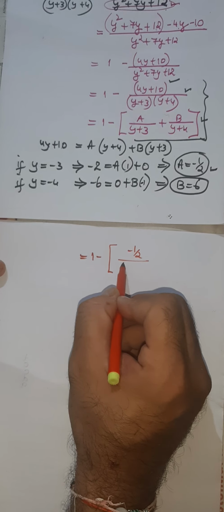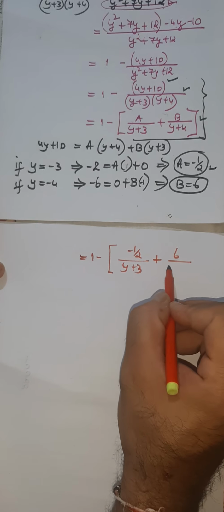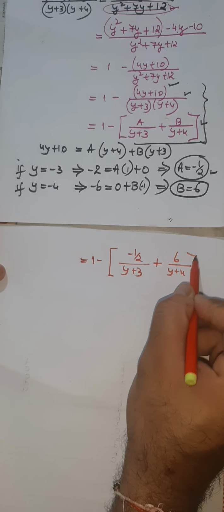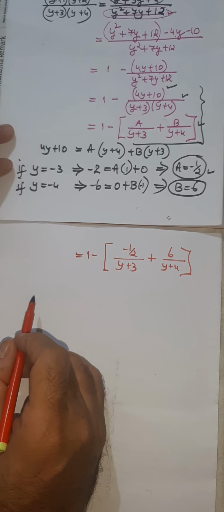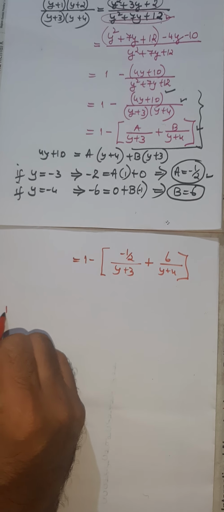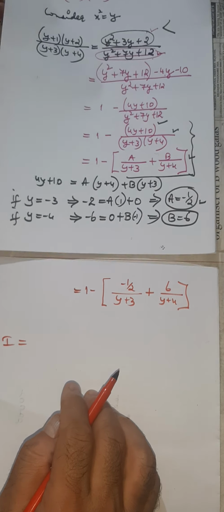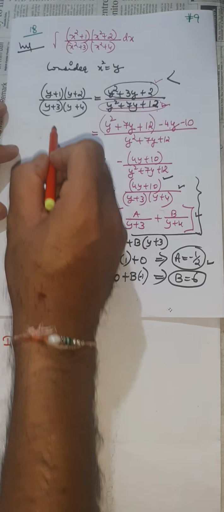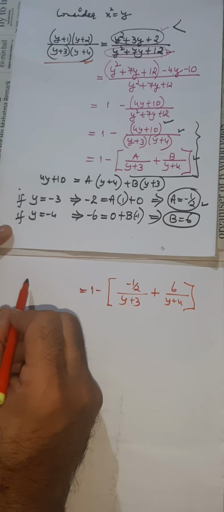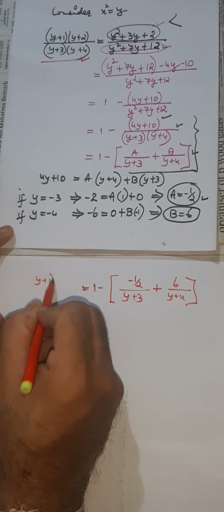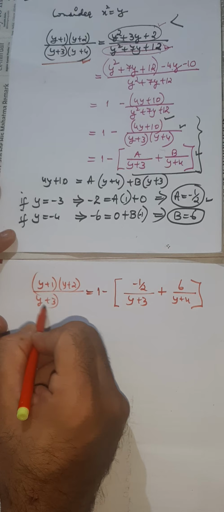Minus 1 by 2 upon y + 3, plus what is b, which is 6 upon y + 4. And now I go back to the integral, that is I equals to, instead of this expression, I'll place x square, and that is same as, let me write this here, (y + 1)(y + 2) upon (y + 3)(y + 4).